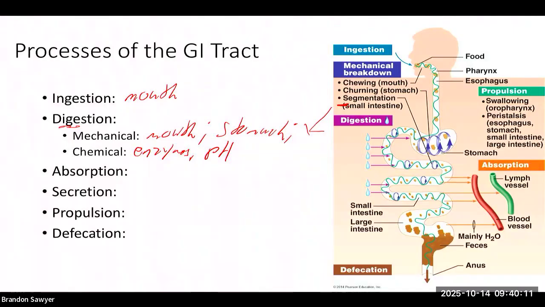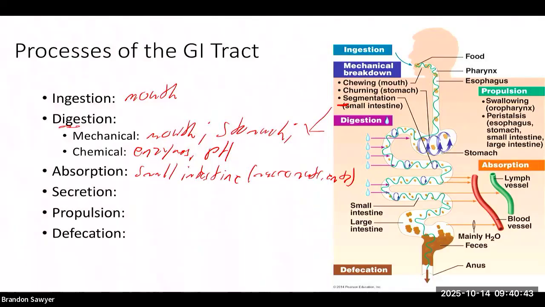But then we get to the small intestine, and we get all of those different enzymes released from the pancreas. The bile is going to help with chemical digestion as well. So lots and lots of chemical digestion. That's really the primary way that we break things down in the GI tract. And then absorption: the vast majority of absorption happens in the small intestine, at least of all macronutrients.